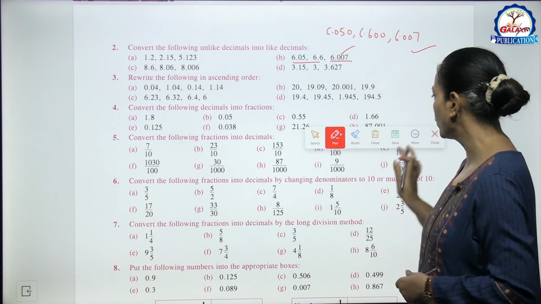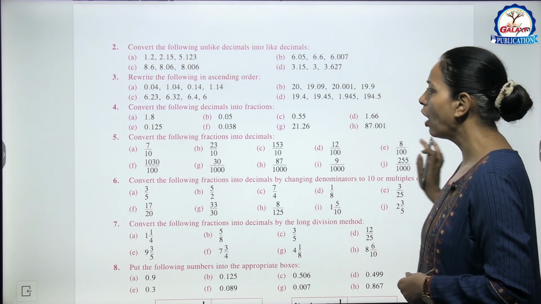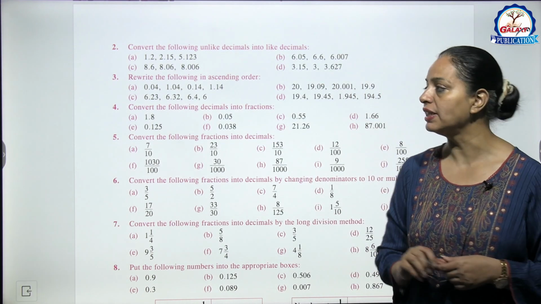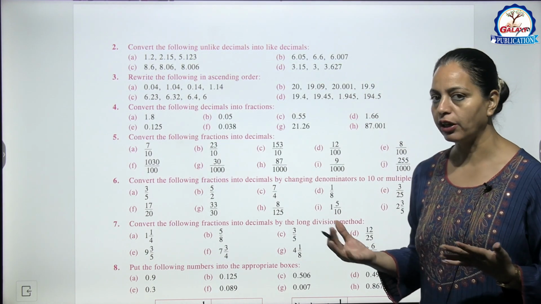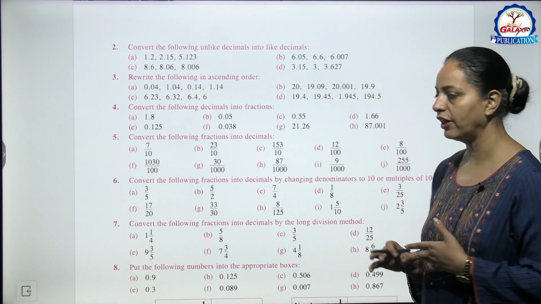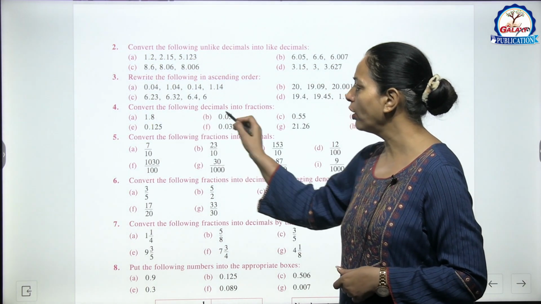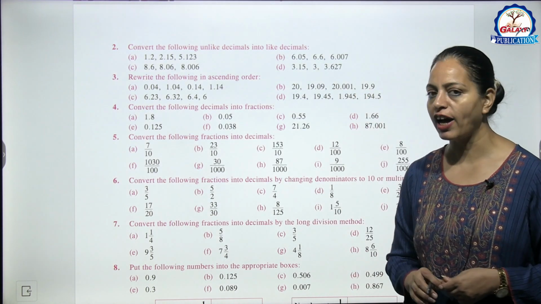So very simple, you can try remaining parts. Now the next third question, rewrite the following in ascending, means increasing order. You can compare the numbers and then arrange in increasing order.